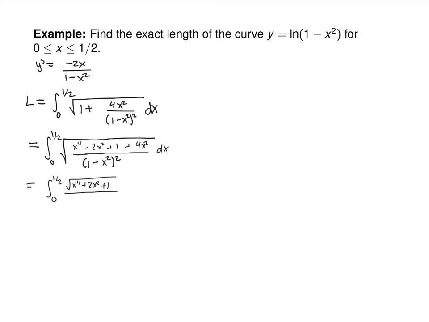In this denominator, we can make this into 1 minus x squared, because we can square root away that squared. And also notice that the numerator is x squared plus 1, the quantity squared.